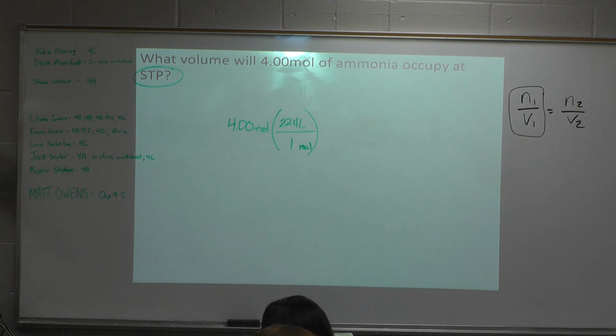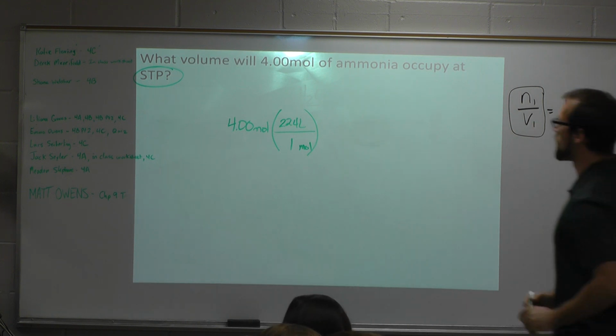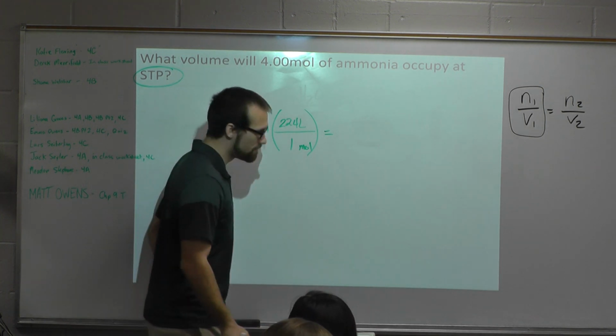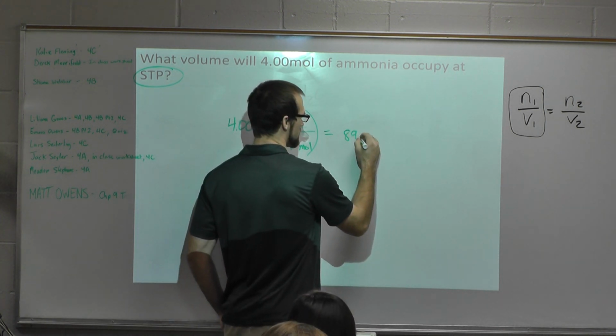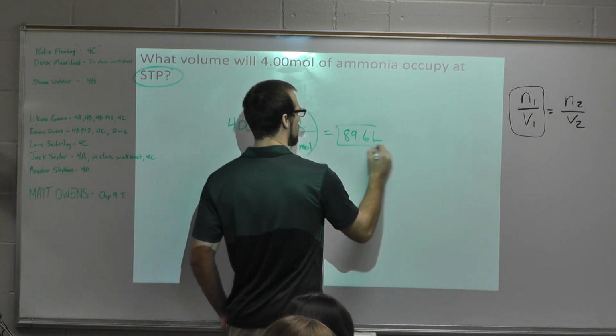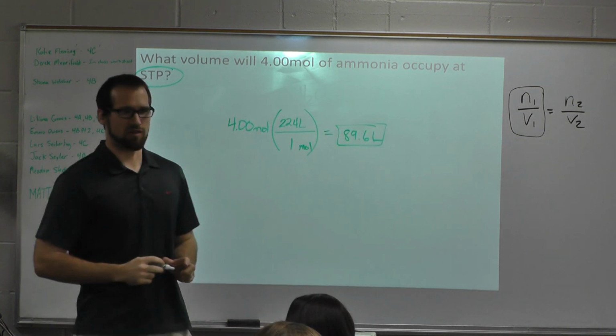No. But is it going to be close enough for government work? Yeah. Okay? So when you do this, you should get what? 89.6. Yep, 3 sig figs. And that's the volume it occupies.